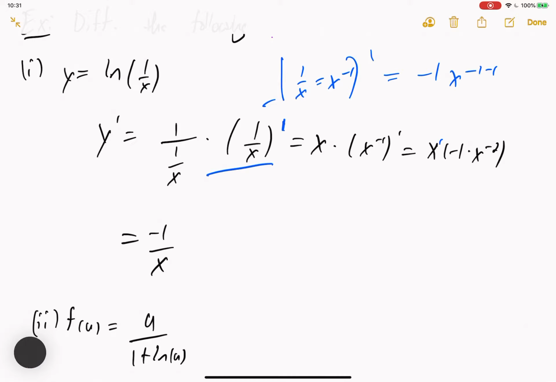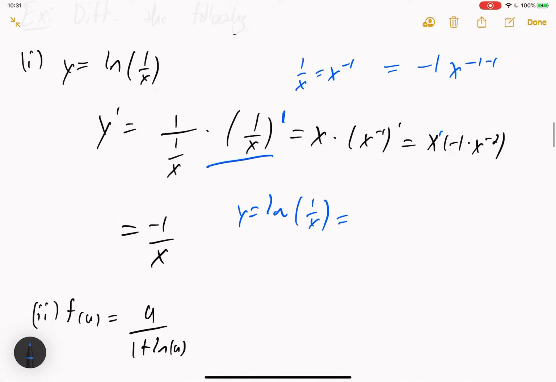Also, there's a quicker way to do this, and this is one of the nice things about logarithms: you can use the properties of logarithms before you take the derivative. Just like we said here, 1 over x is equal to x to the negative 1, so we have ln of x to the negative 1. Then we can use the properties of the logarithm to bring down that exponent, so we get negative ln of x.